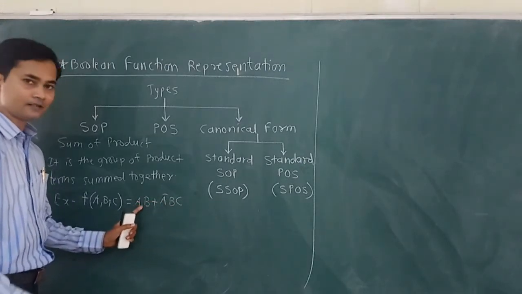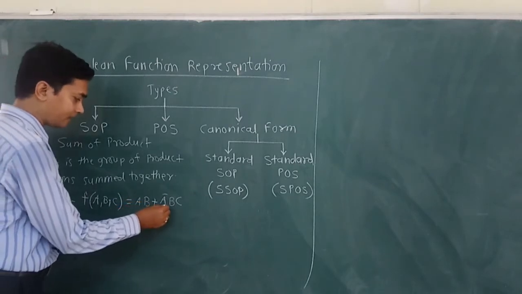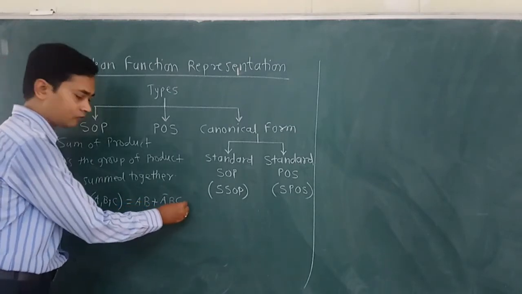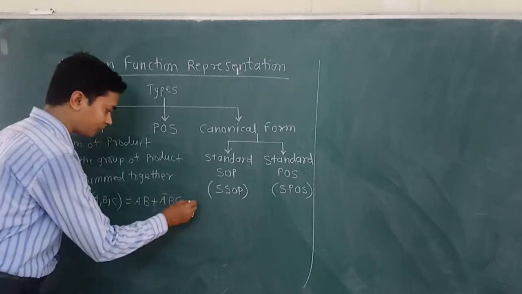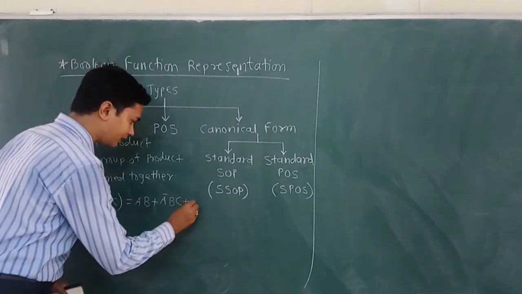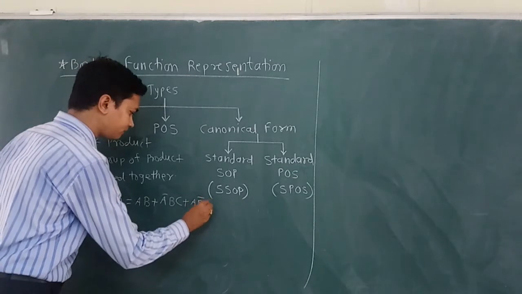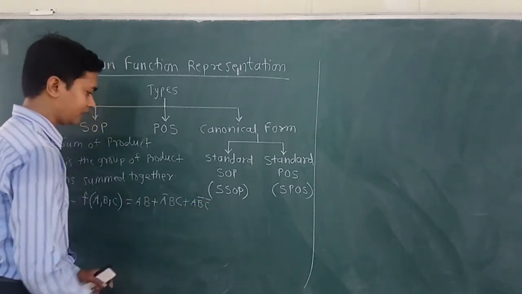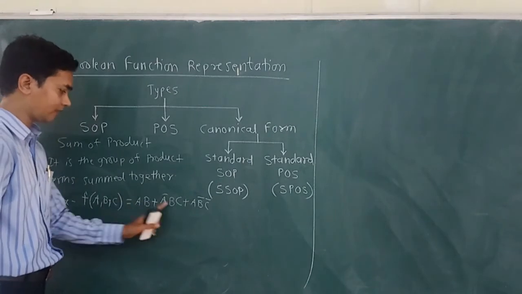I read it as a into b plus a bar into b into c. Suppose I want to add one more term, let us say a b bar c bar. Now the expression has a total of three terms.